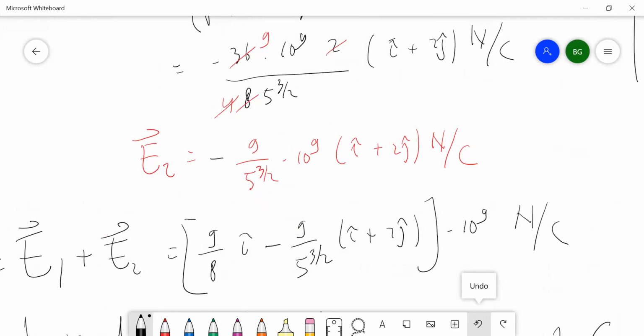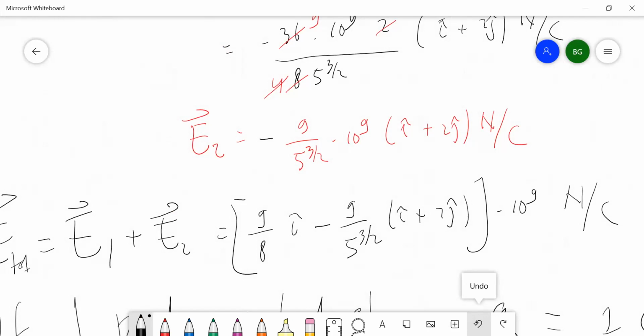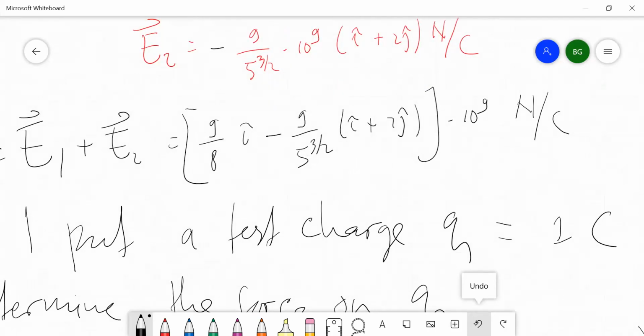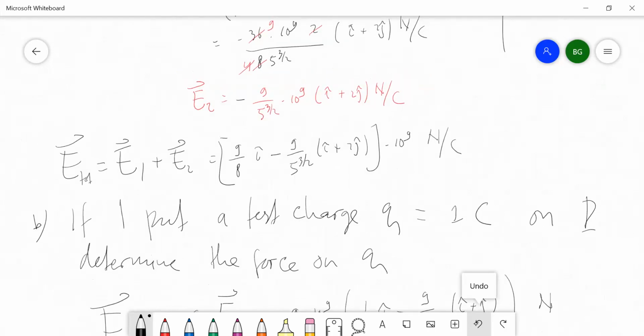Okay, if we sum these two electric fields, E1 and E2, we get that E1 plus E2 is like this. This is the resultant, or total, electric field for these two charges.